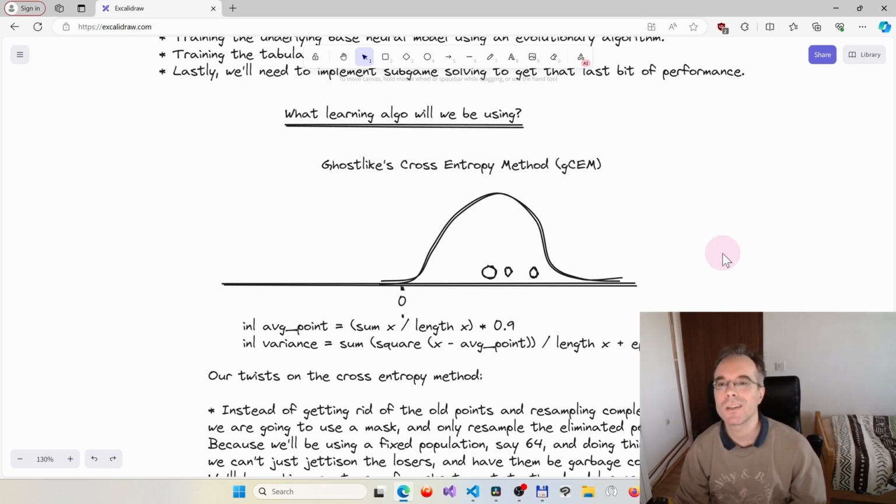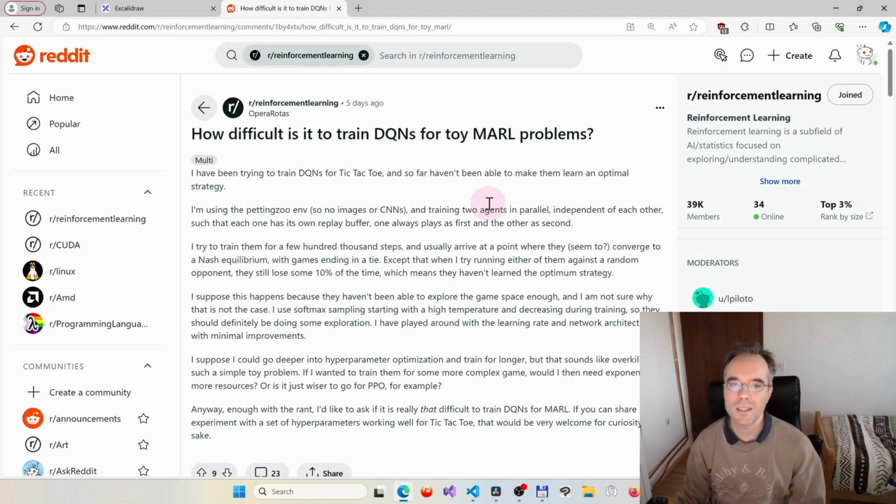Let me show you a little thread that really highlights that. It was posted a few days ago on the reinforcement learning subreddit. It's this thread here. How difficult is it to train DQNs for toy multi-agent RL problems?